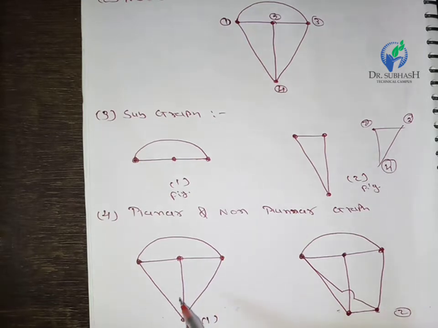I repeat, a graph drawn on a two-dimensional plane is said to be planar if its branches do not cross over at a point other than a node. It is known as planar.